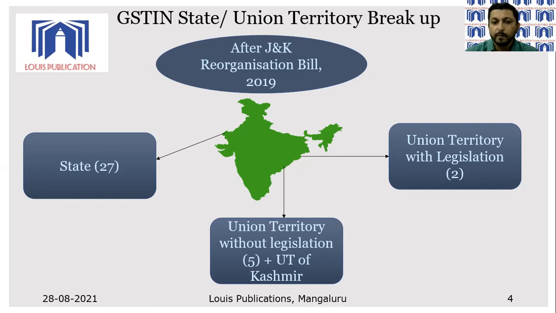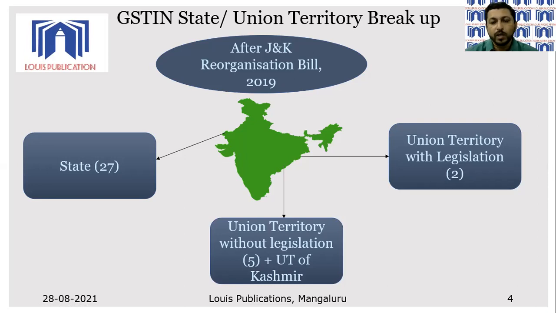They have their own government which takes care of the administration of Delhi, or you can say of Puducherry. But there is one more there, Kashmir as well, because before the Jammu and Kashmir Reorganization Bill of 2019, Jammu and Kashmir was also a state with legislation, but now Jammu and Kashmir is segregated into 2 union territories. One is Union Territory of Kashmir and Union Territory of Ladakh.